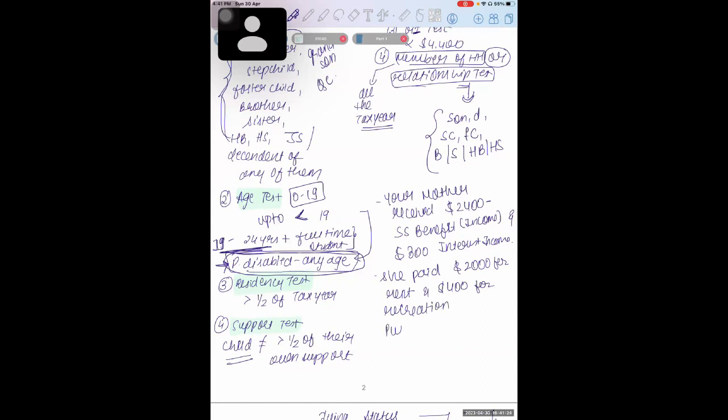And she put $300 in a savings account. So how much is her income? 2,400 plus 300, that is 2,700. Out of the 2,700, she expended 2,000 for rent, 400 for some recreational activities, and 300 she put in the savings account. Are you guys clear with the question? You can write it down.